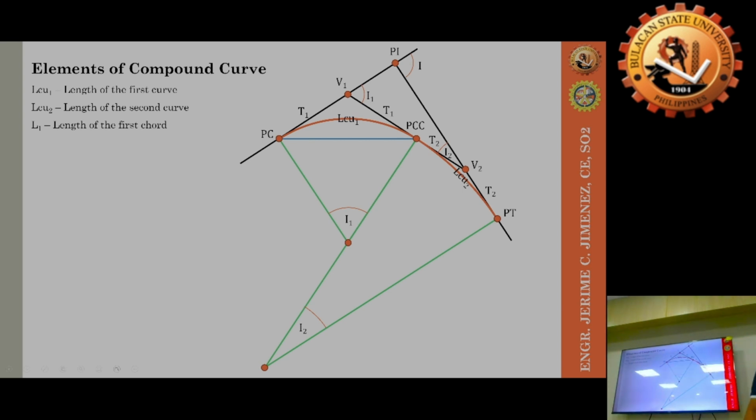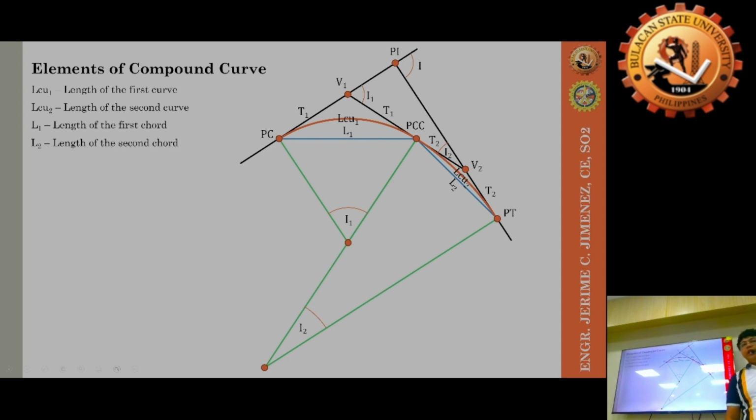Okay? Next, from PCC, papunta dito sa point of tangency, pag kinonekta natin yung line na yan, that will be your L sub 2 or the length of the second chord.